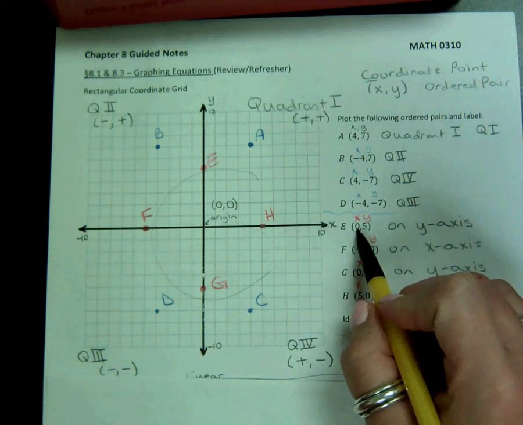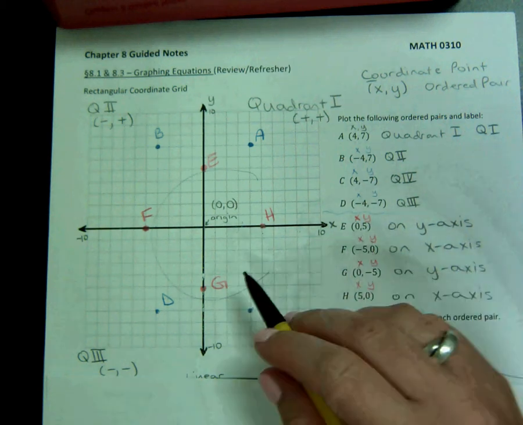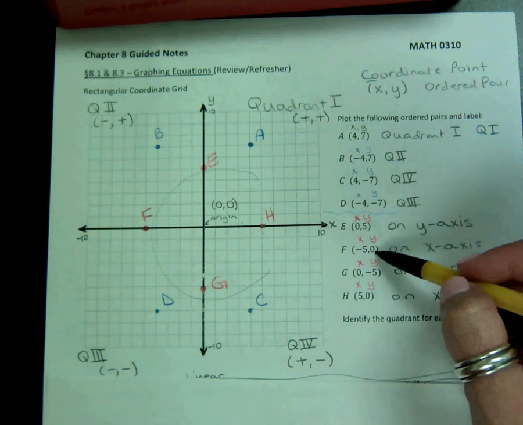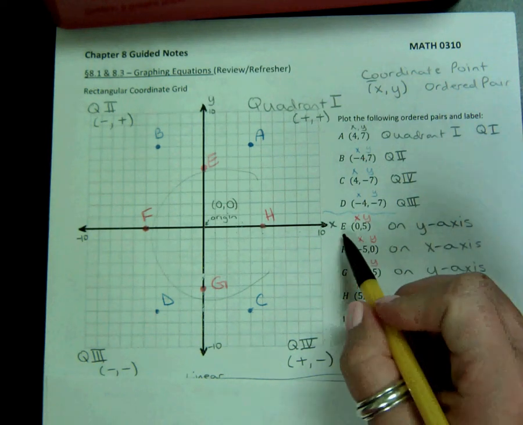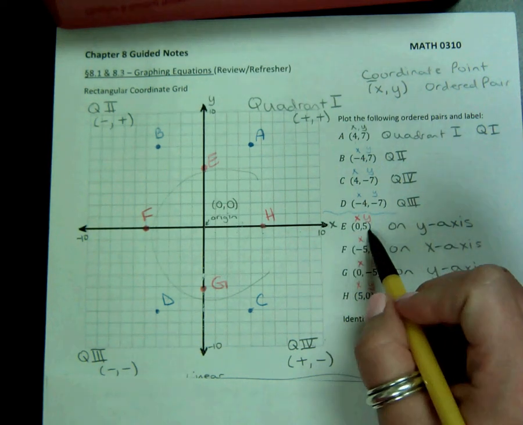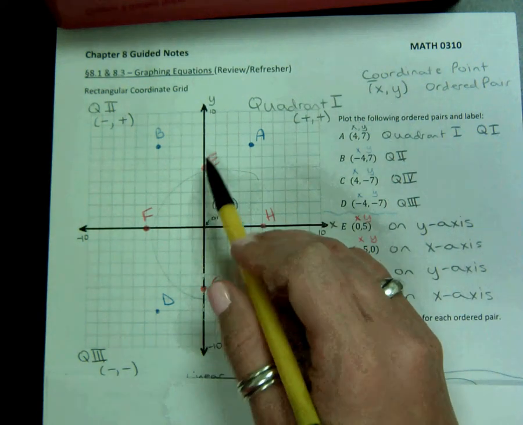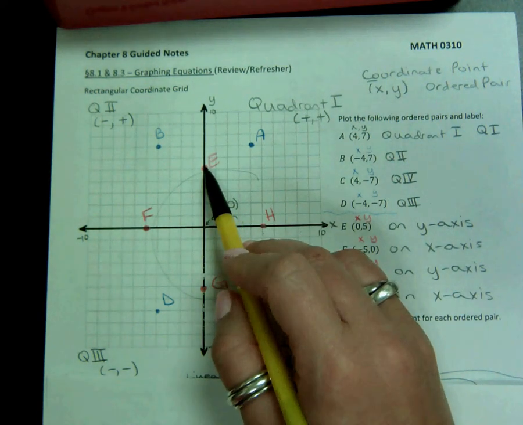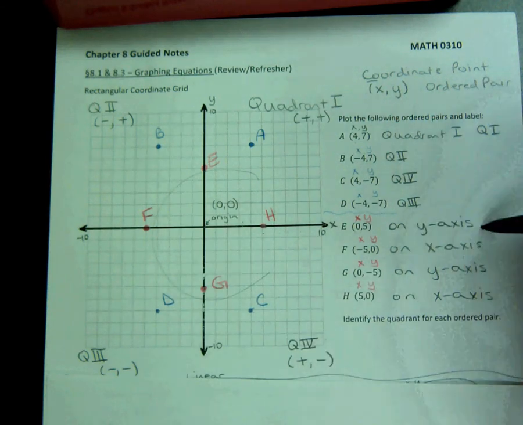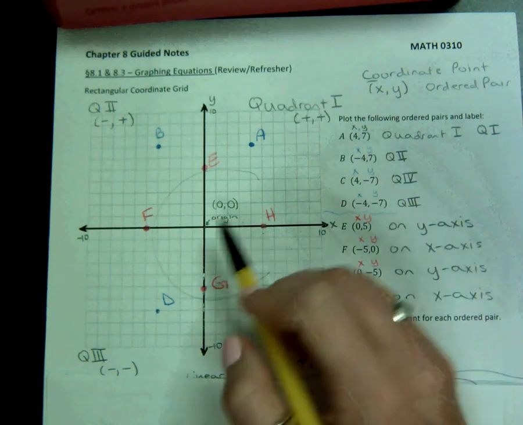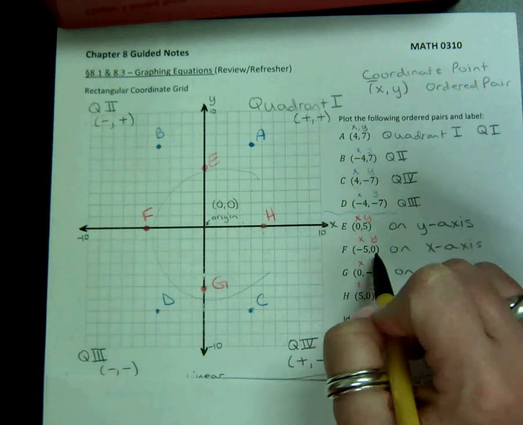Anytime you have 0 for the X coordinate, that means you do not move right or left. Anytime you have 0 for a Y coordinate, you do not move up or down. So point E is 0, 5: no right or left, straight up 5. It's not in quadrant 1 or quadrant 2. It's on the Y-axis. Point F is negative 5, 0.